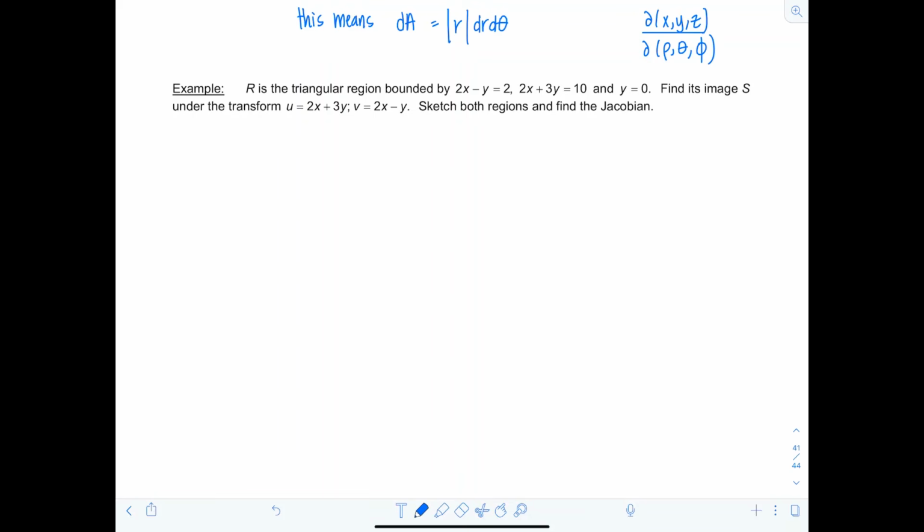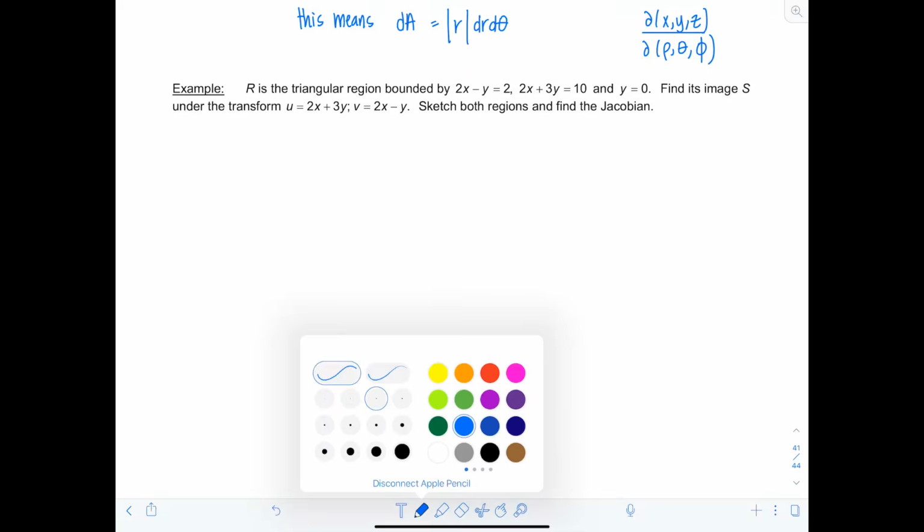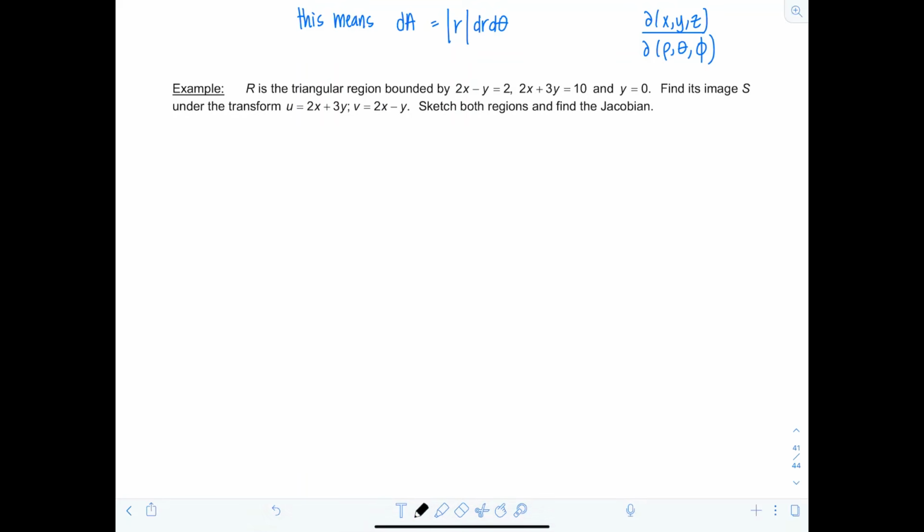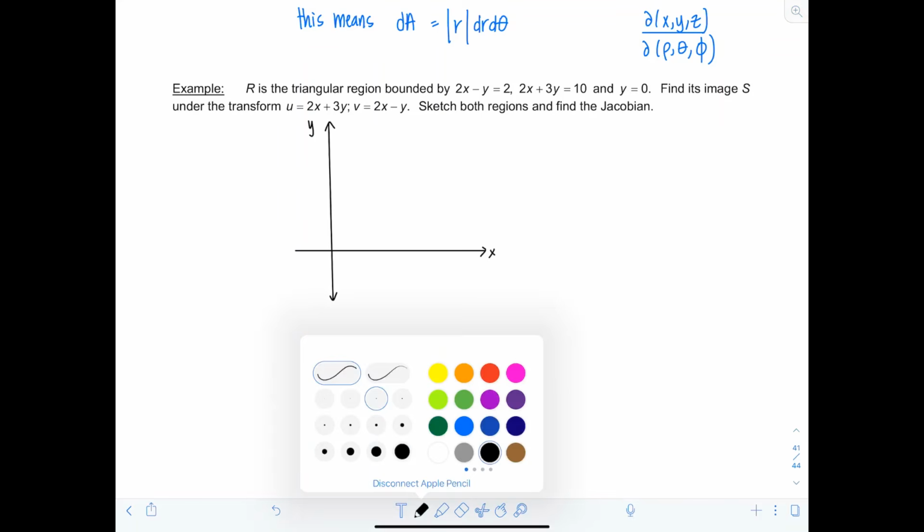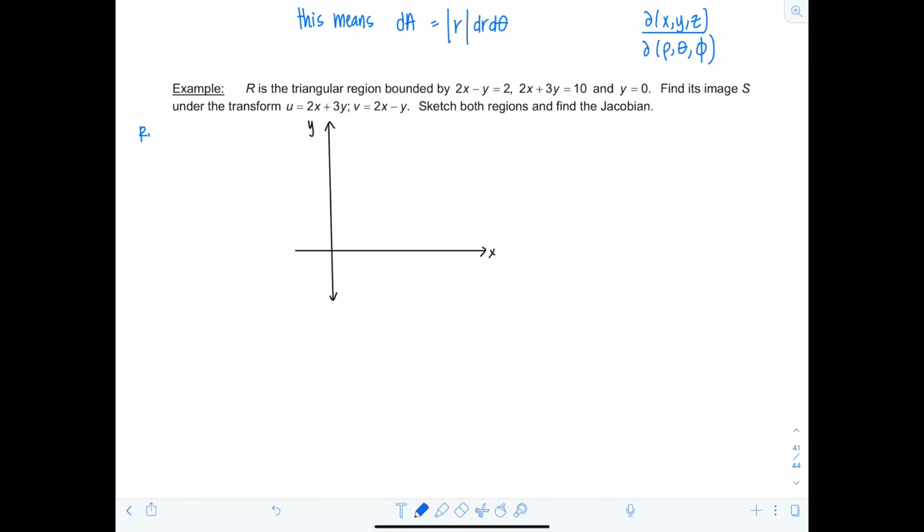Here we go. Let's sketch the region R. And we've got 3 lines that are bounding the region. Okay, so I'm going to plot, it looks like all the action's going on primarily in the first quadrant. X-axis, y-axis. So R1 is going to be the line 2x minus y equals 2.